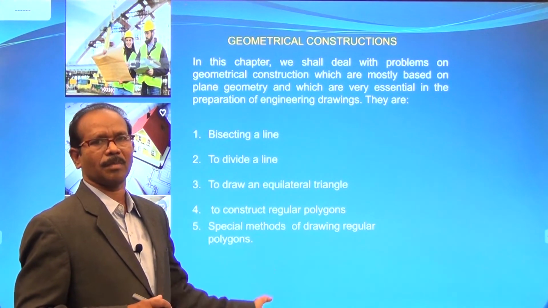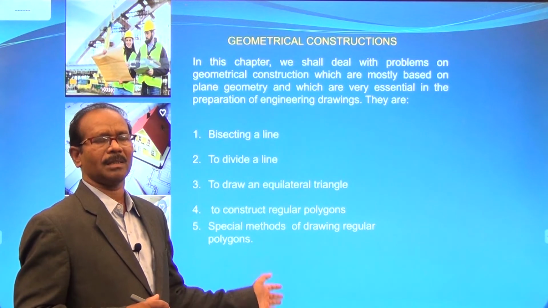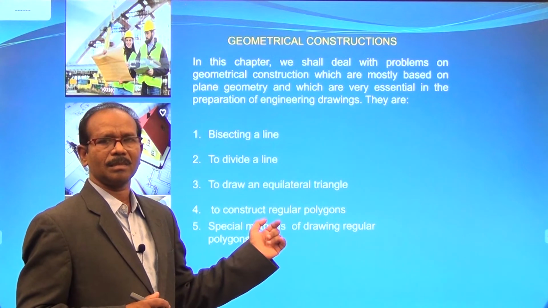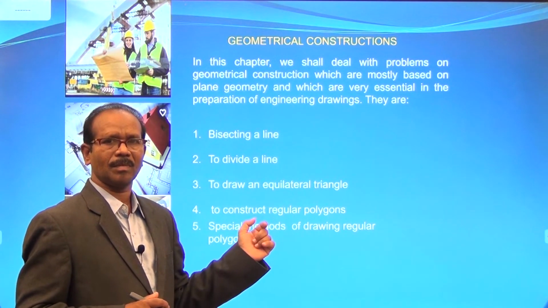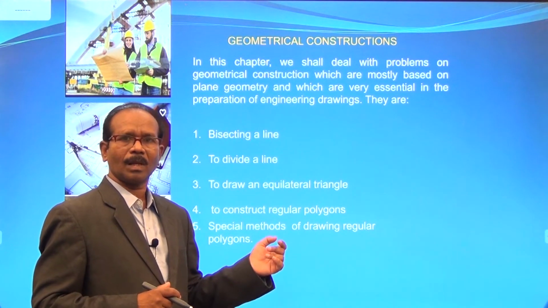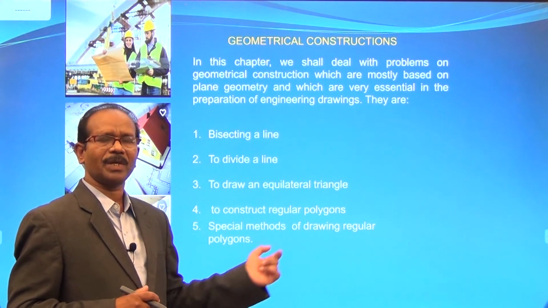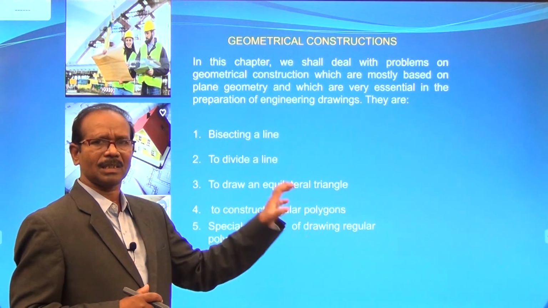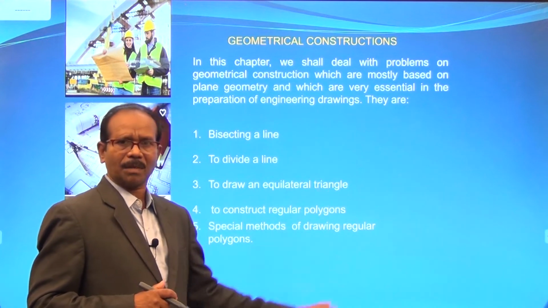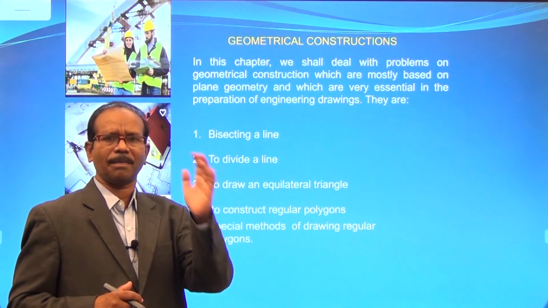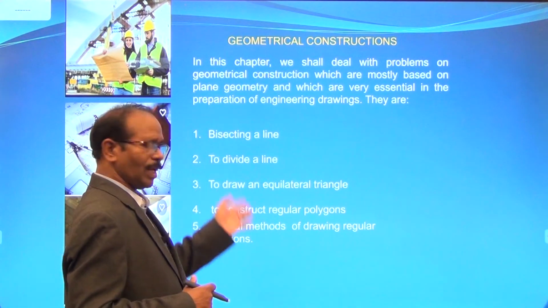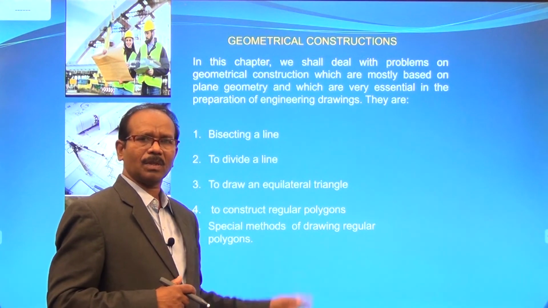These are very simple problems but basic concepts: line bisection, line division, angle bisection, construction of an equilateral triangle, and construction of polygons by different methods. These are initial work you need to know. The same concepts will be used in bigger problems in later classes. Now let us discuss them one by one.